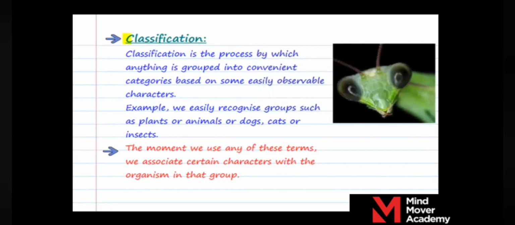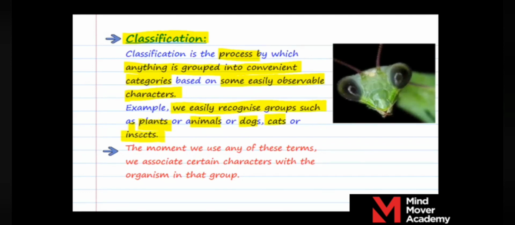We now see what is meant by the term classification. Classification is the process by which anything is grouped into convenient categories based on some easily observable characters. So under classification, organisms are grouped into convenient categories based on some observable characters. Example, we easily recognize groups such as plants or animals or dogs, cats or insects.